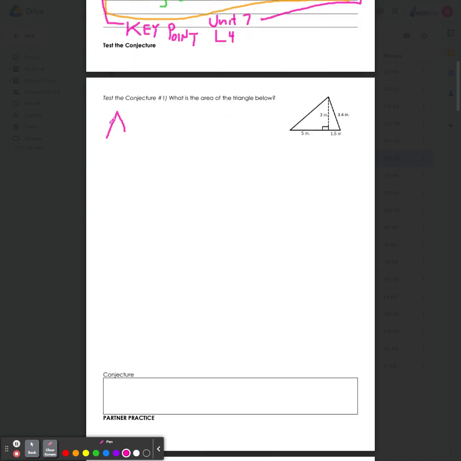So number 1, let's write out the formula for area of a triangle. It's 1/2 of a base times height. Here we see that our base is 5 inches plus 1.5 inches, which is 6.5 inches. And that our height is located here by the dotted line that forms that right angle, and that's equal to 3 inches.